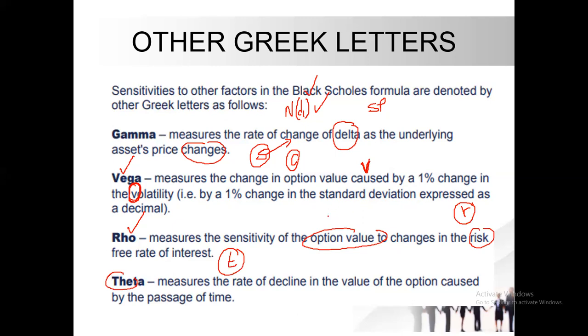So the point is that the value of the option is likely to be affected by a number of variables which are used in the computation. The variables we're talking about here are the time, as the time reduces, the T, as the risk-free rate changes, as the volatility measured by V changes, the value of the option will change.